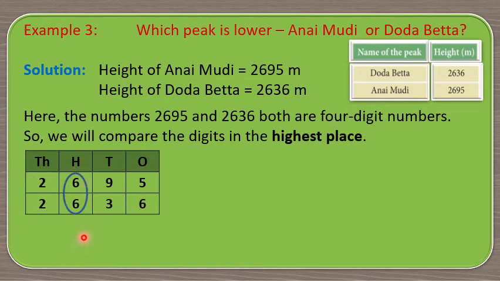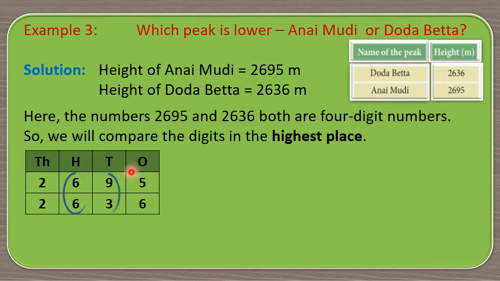So when we look at the digits at hundreds place, we find that again the digits are same, 6 and 6. So when they are same, we cannot find which number is greater and which is smaller. So we should move to the next highest place, that is tens place.